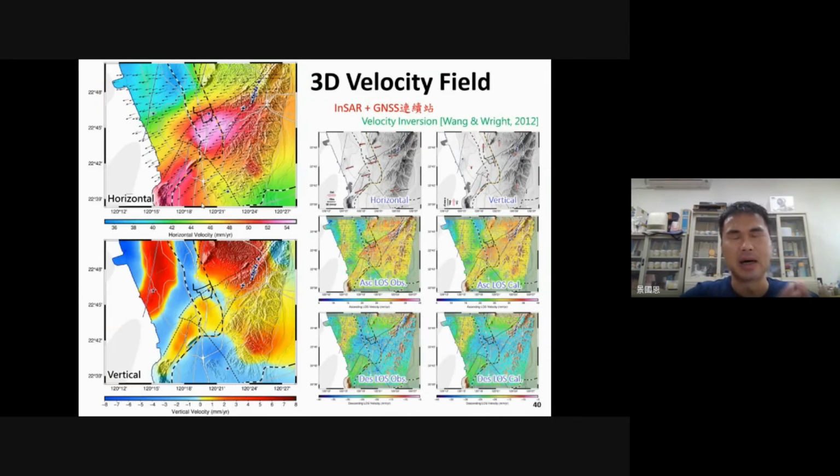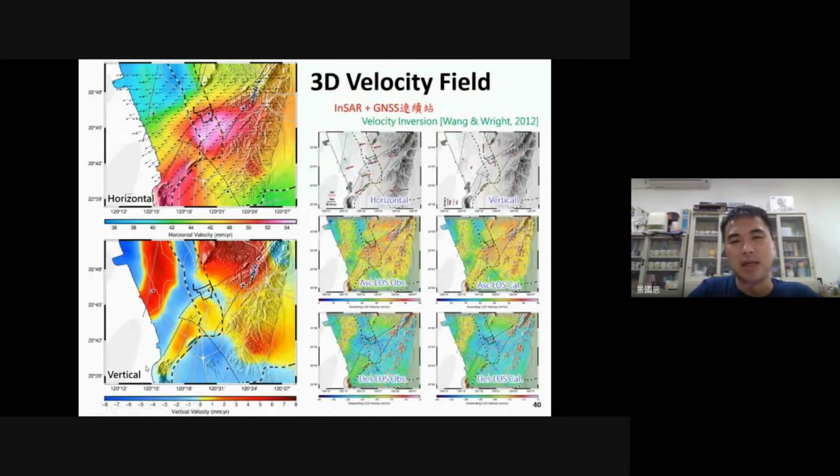However, just like what I told you earlier, InSAR data provide us line of sight velocity or line of sight displacement, but usually we need the three-dimensional velocity fields, like horizontal and vertical velocity.